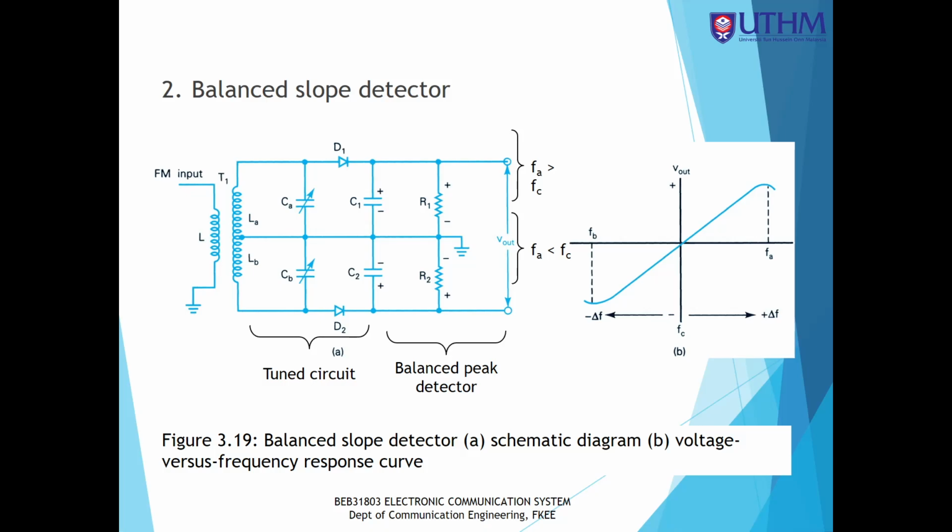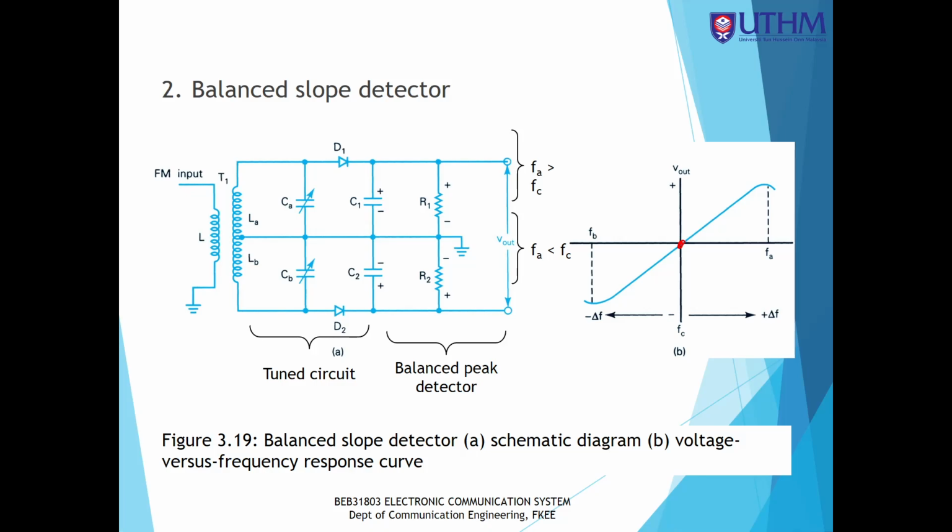So the balanced slope detector consists of two slope detectors. Dia terdiri daripada dua slope detector, above and below. So part A, the first slope detector is the above, the second is the below, A and B. Okay, and for this balanced slope detector, when the input is at rest frequency or at the center of IF, the output will produce 0 voltage.